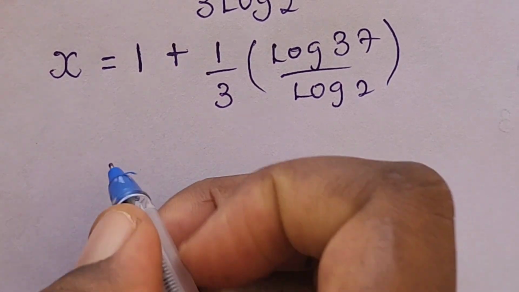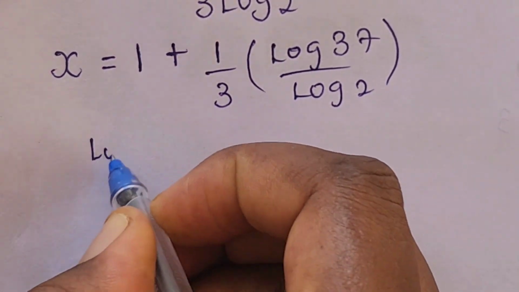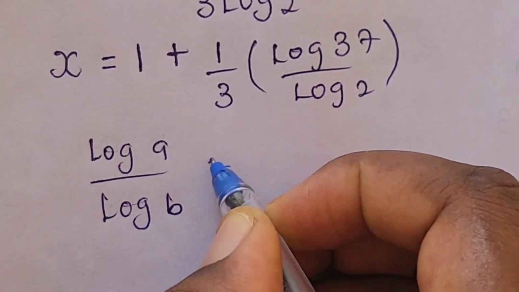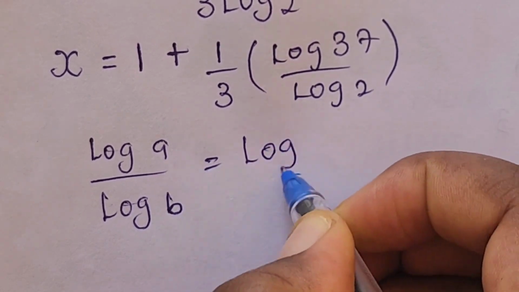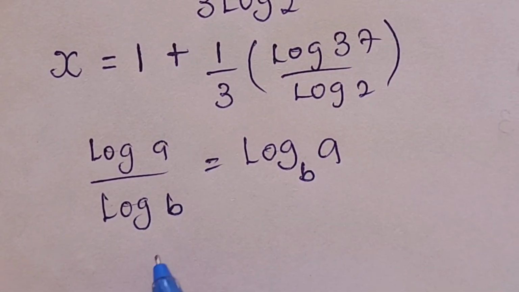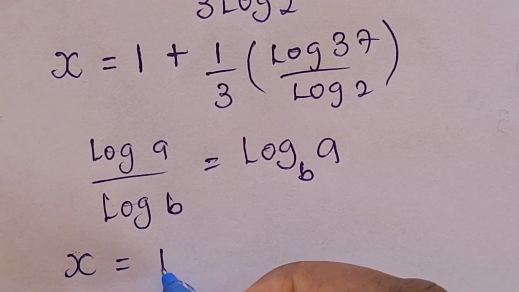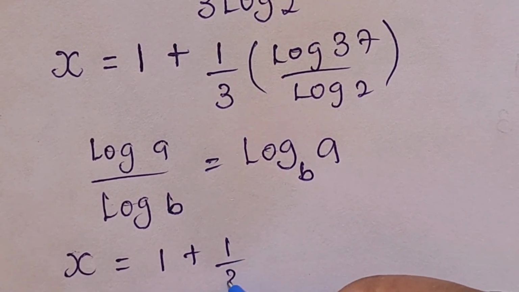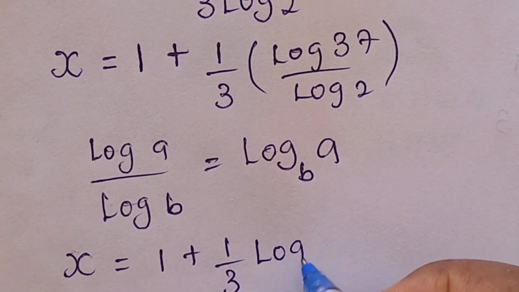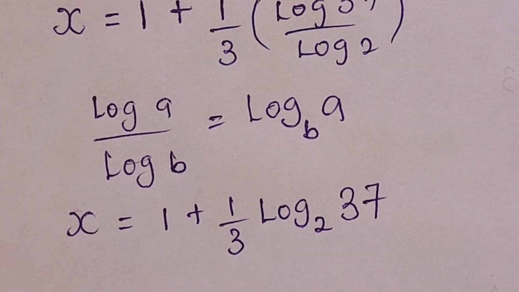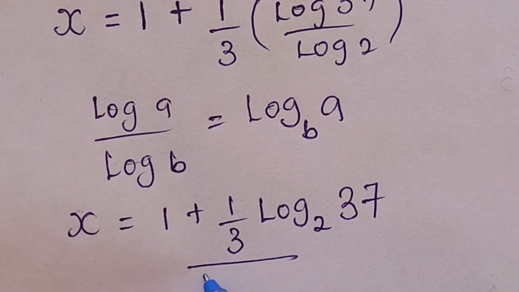Now let's recall from log of indices, when we have log a over log b, this can be written as log to base b of a. So we have that x is equal to 1 plus 1 over 3 log to base 2 of 37. So this is our value for x.